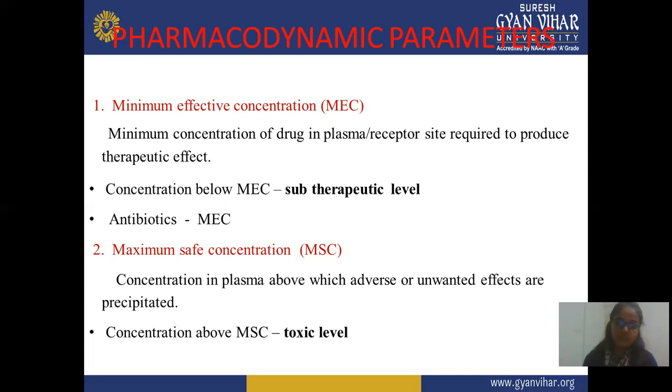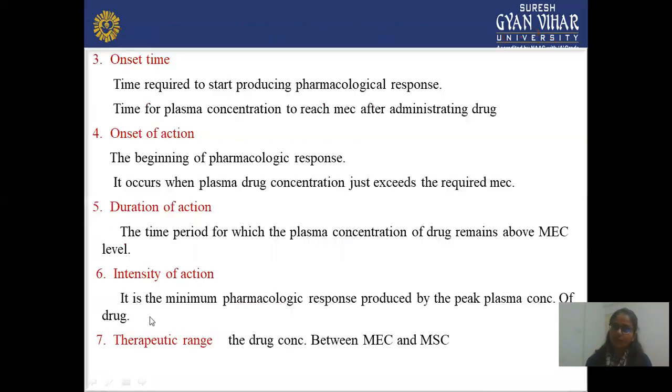If your drug still shows more effect after this maximum safe concentration, or MSC, there may be chances that it shows unwanted or adverse effects which are not suitable for your body, because it has exceeded the maximum safe effect. The drug is showing excessive effect which is not required by your body. This is the toxic level, where unwanted or toxic effects are produced. So this is the MSC, or maximum safe concentration, for the pharmacodynamic parameters.